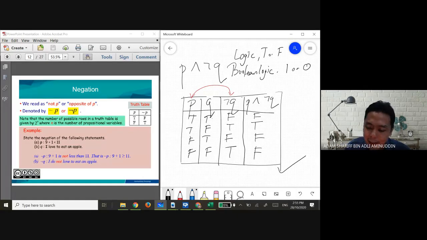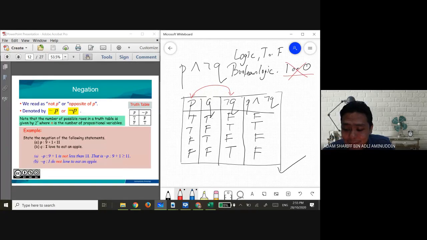Sebab dalam subjek ni you tak belajar Boolean logic. Mungkin korang belajar nanti. Saya tak benarkan kamu guna 1 dan 0. Baik sir. Walaupun memang betul T is 1, F is 0, tapi untuk topik ni ialah logik. Logik dia tak guna 1 dan 0. Kalau Boolean logic saja guna 1 dan 0.